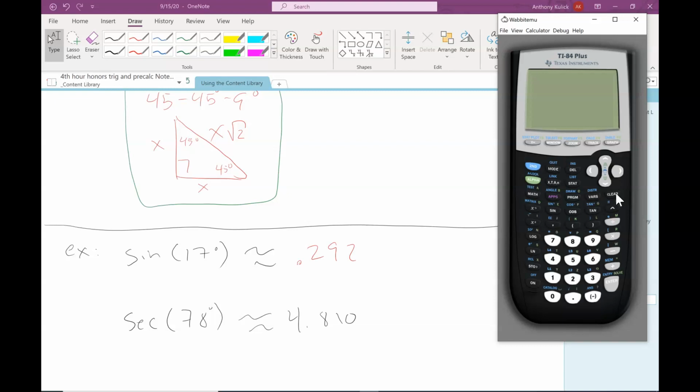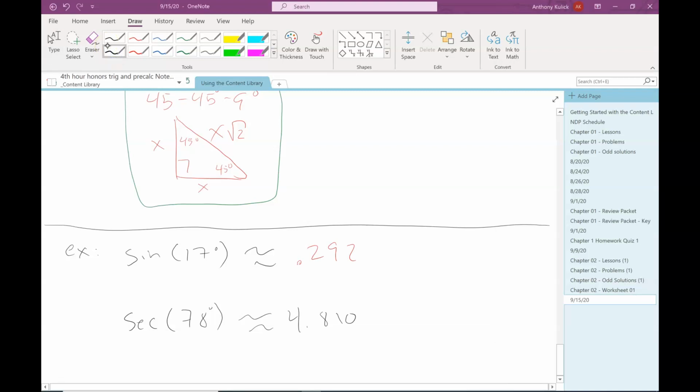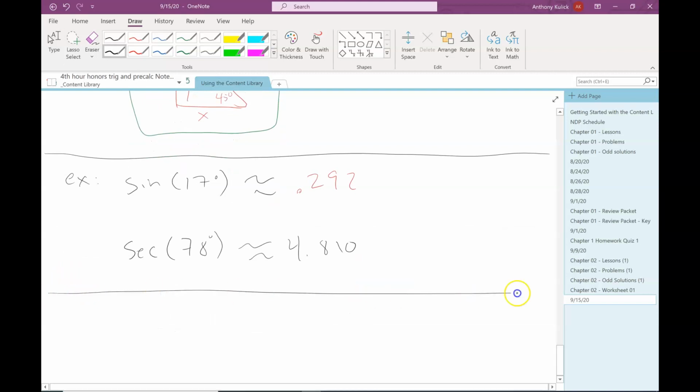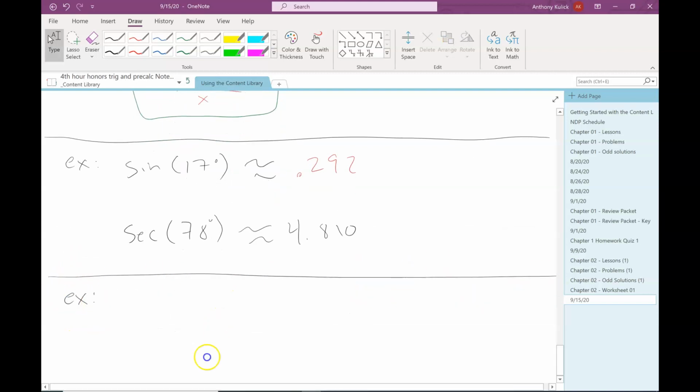Everybody's okay there? So what I did was I pressed cosine 78, and then this button that's right underneath the math button is the -1 exponent. That just makes the reciprocal. Okay. So a little calculator action.